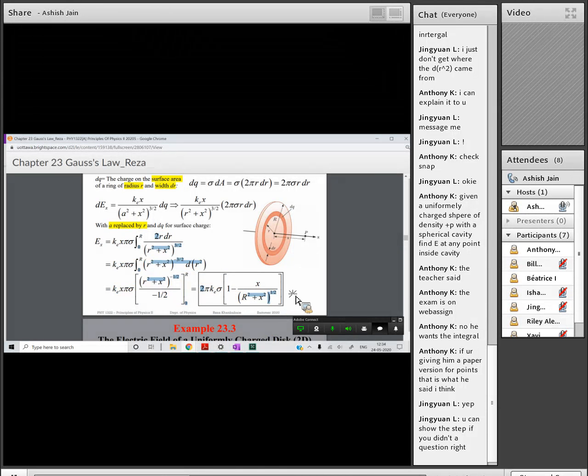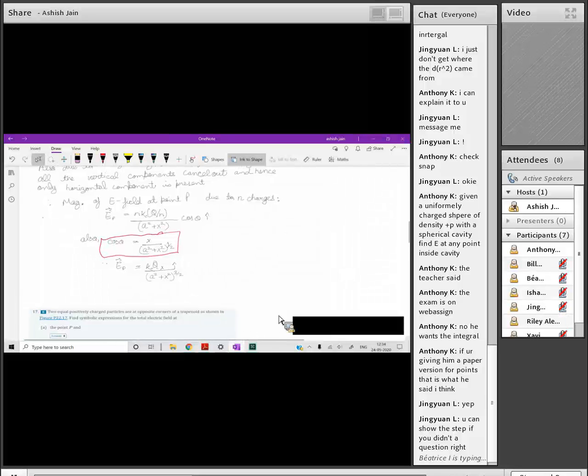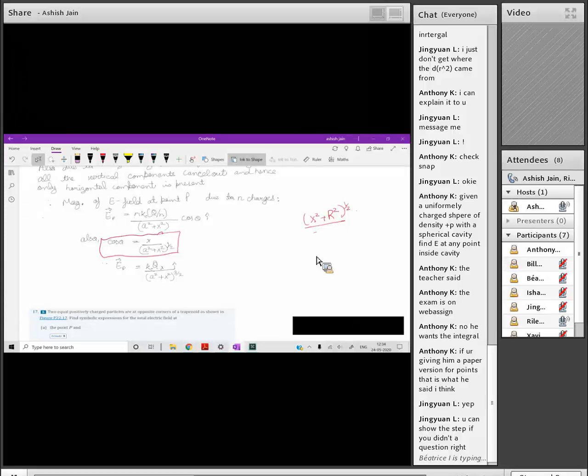In the exams or anywhere, you write this part, the one before, and then you apply the limits and leave the question there. Like you apply x as r, then minus x equals 0, then you leave it there. I'll write it to make it clear. So let me see, it was x square plus r square to the power 1 by 2 minus half, something like that, right?